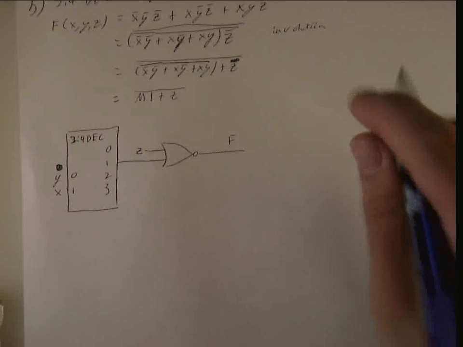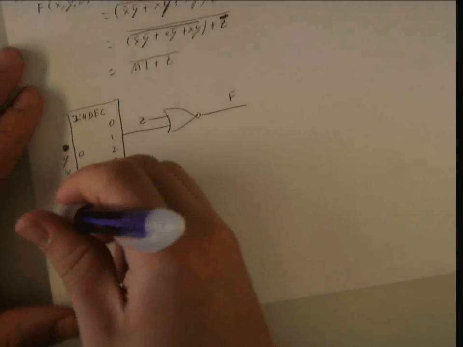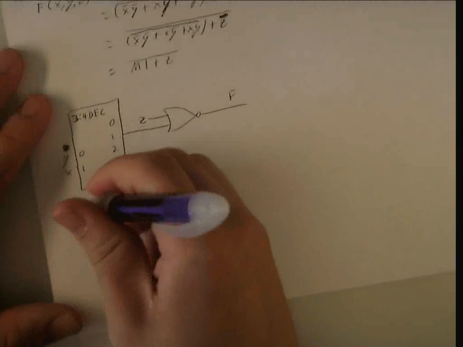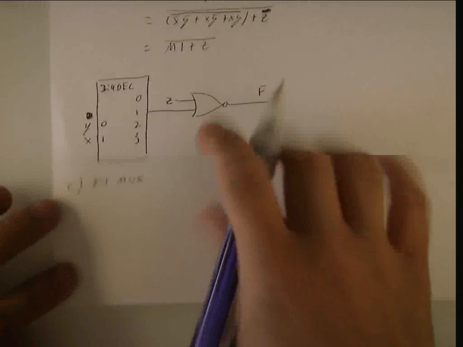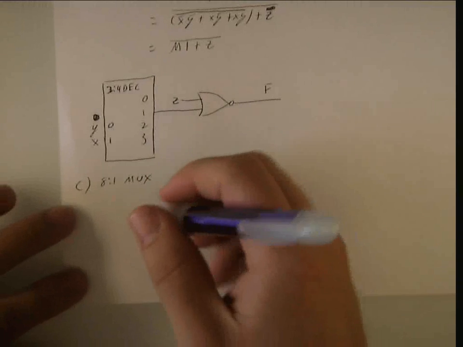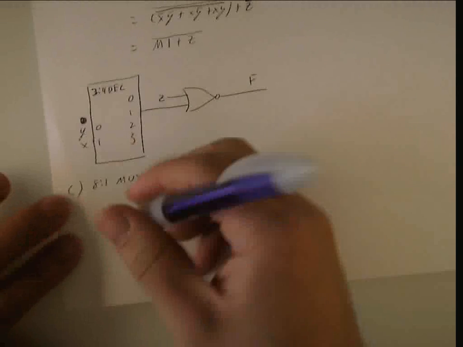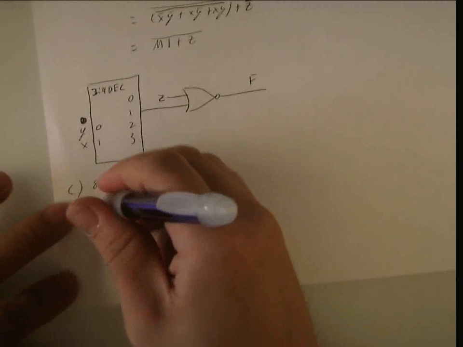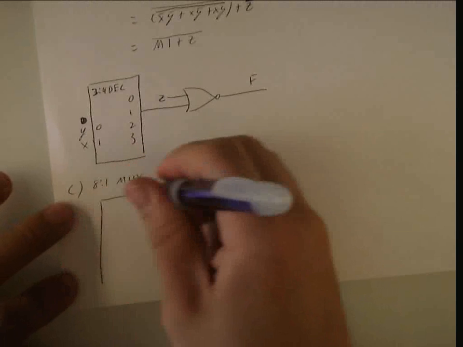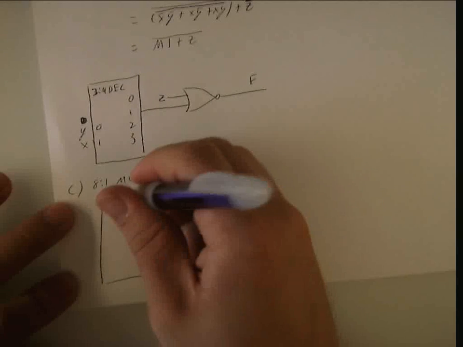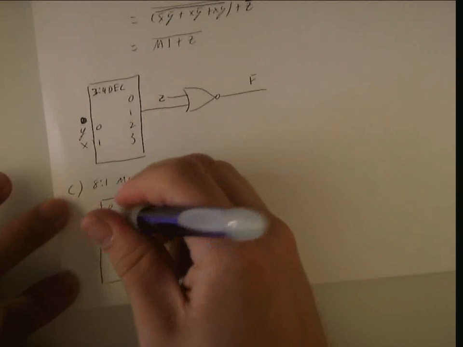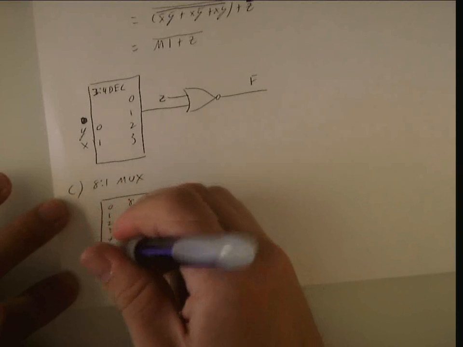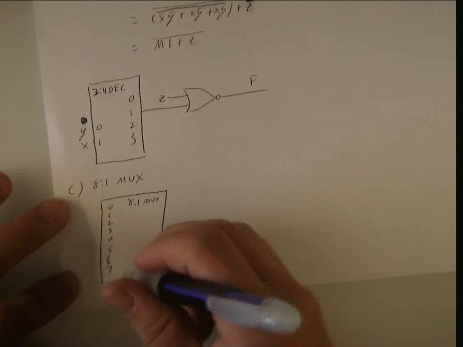Finally, next I need to do C with an 8 to 1 mux. And so this one, again, should be fairly straightforward, kind of like part A. This is where do I put ones and where do I put zeros? So I'm building an 8 to 1 mux. I'm going to need inputs 0, 1, 2, 3, 4, 5, 6, 7.